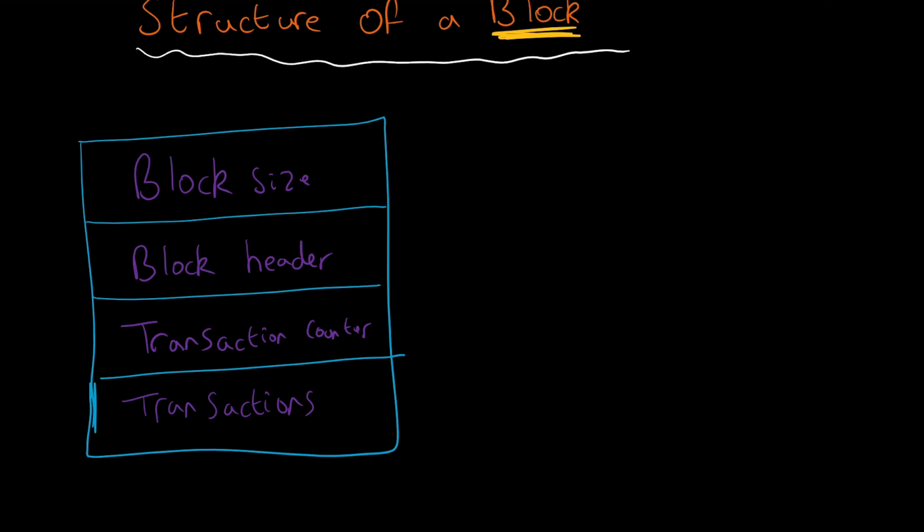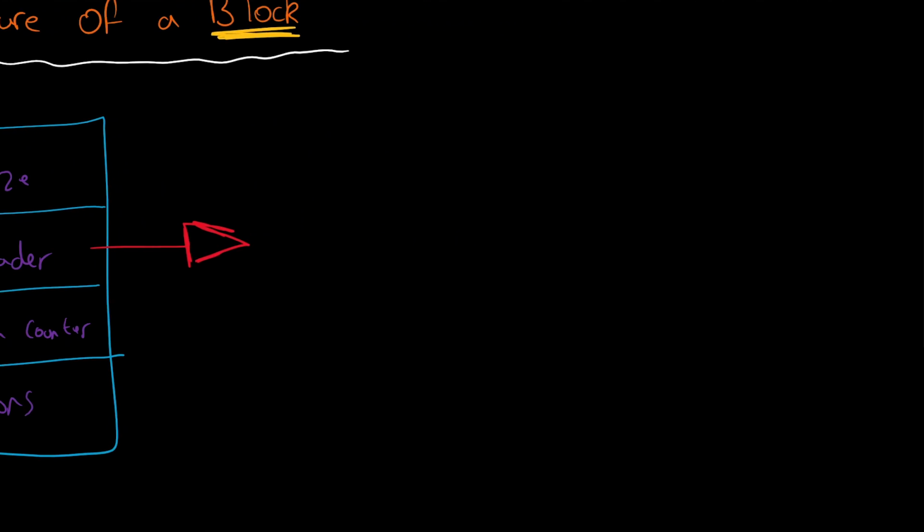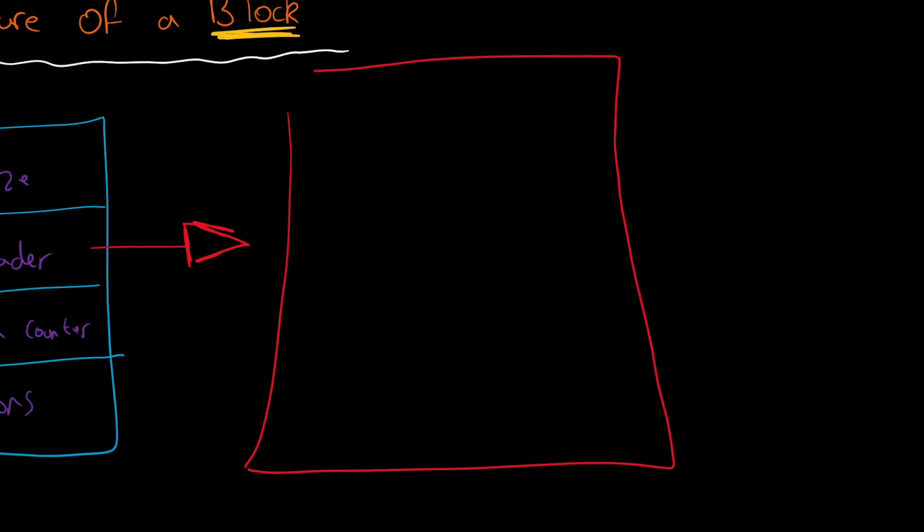So like I said, the block header is formed of several very, very interesting fields, and let's cover those amazing and awesome fields right here. So there are 6 fields. Let's just divide that in half.